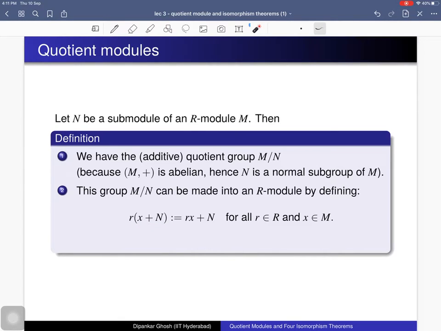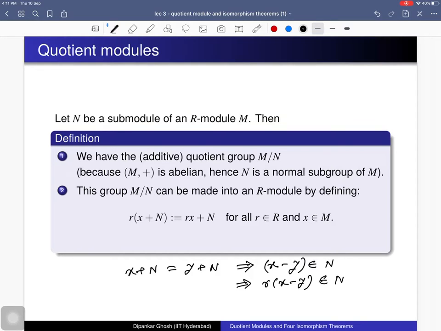For example, let us say x plus N is the same as y plus N, then that means their difference x minus y is in N. Now, if you multiply this difference by r, then r times (x minus y) belongs to N, because N is a submodule of M and N is closed under scalar multiplication.